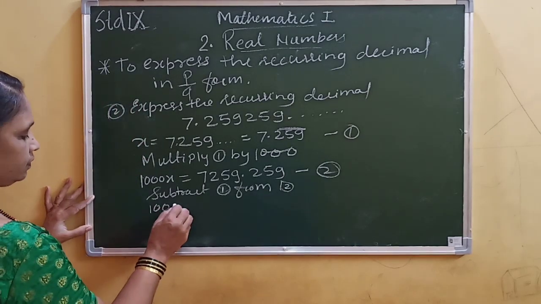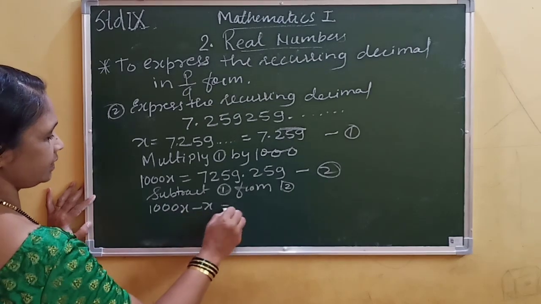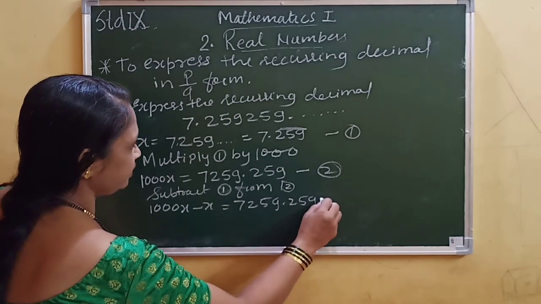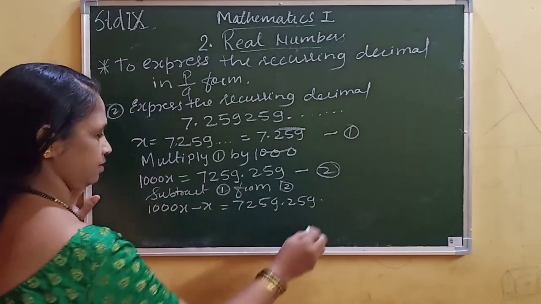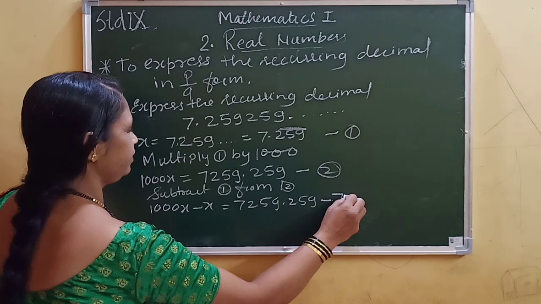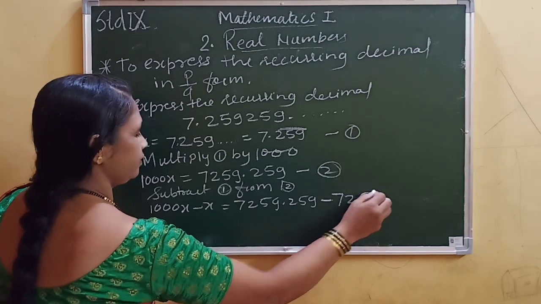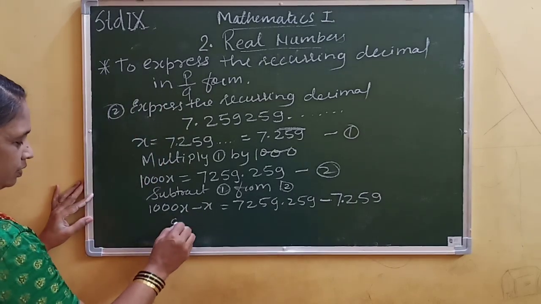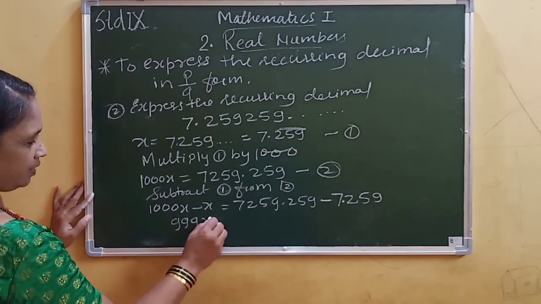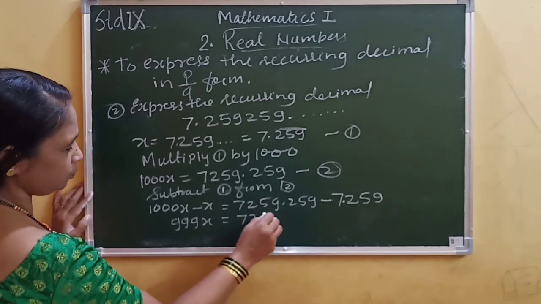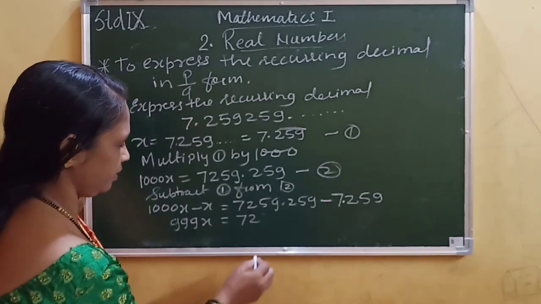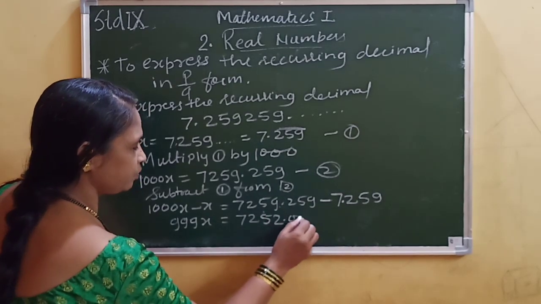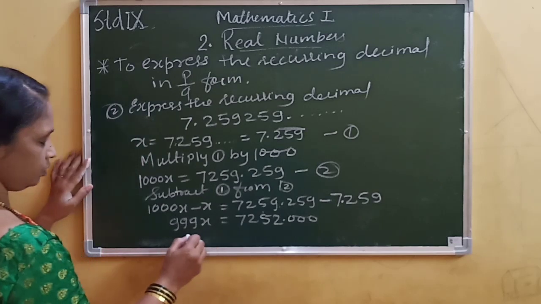So it will be 1000x minus x is equal to 7259.259 minus 7.259. Okay, so it will be how much? 999x is equal to 7252.